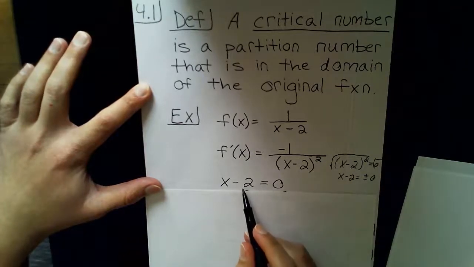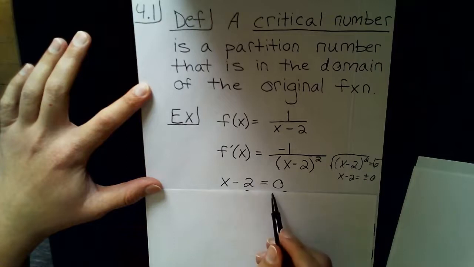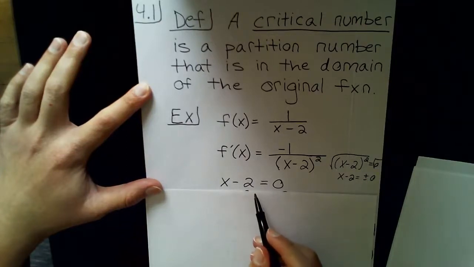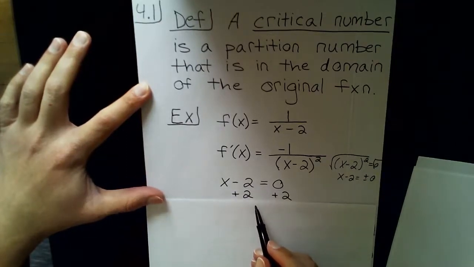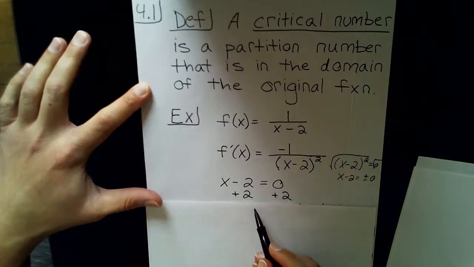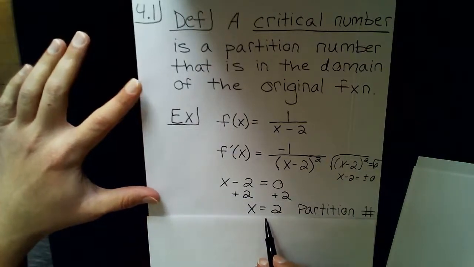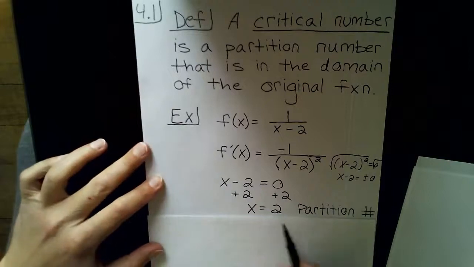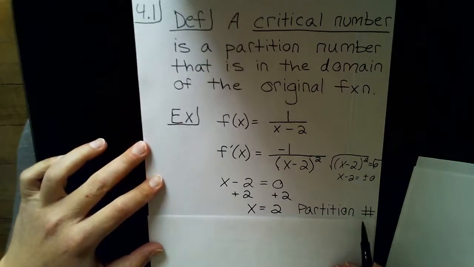Now we'll go ahead and solve for x to find the partition number's value. So we'll add 2 to each side. And when we do that, we get x equals positive 2. That is our partition number.